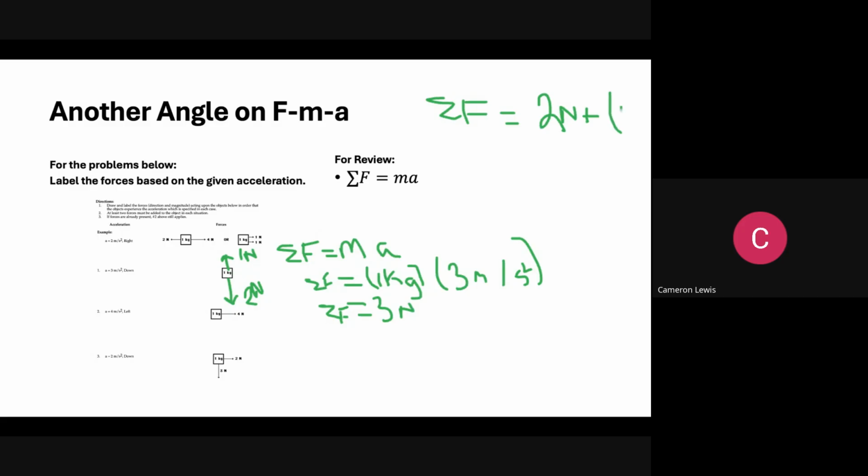But what do I have to treat 1 as? Opposite, negative. Look at this direction. So now I really get a minus in front of the 1: 2 N minus 1.